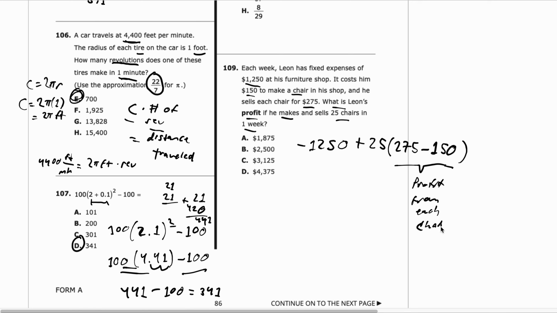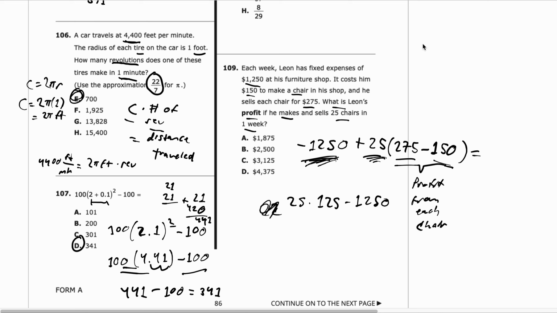It's the revenue he gets minus the cost, and then you have to multiply that by the number of chairs that he makes, and finally you have to subtract the fixed costs that he must incur. Okay, so let's actually evaluate that. That would be 25 times 125 minus 1250.